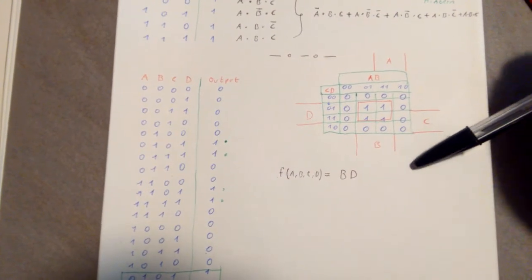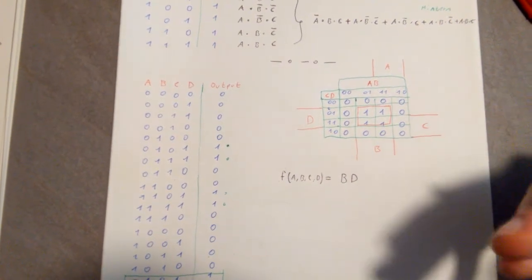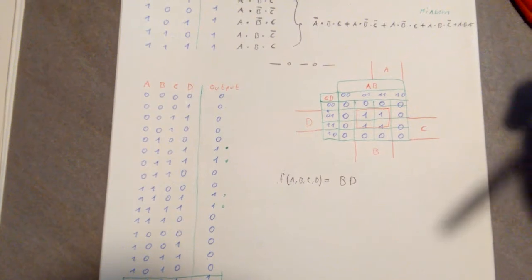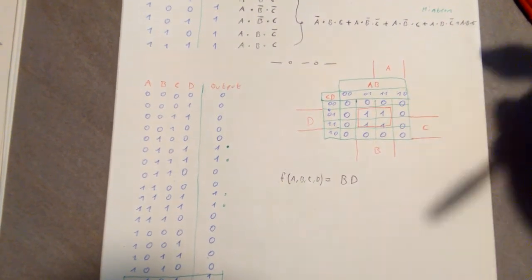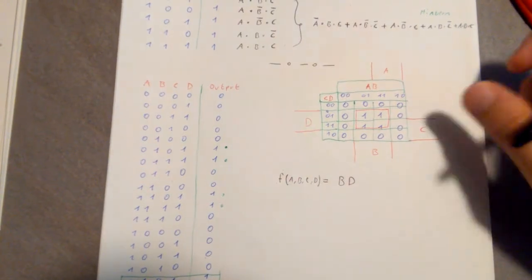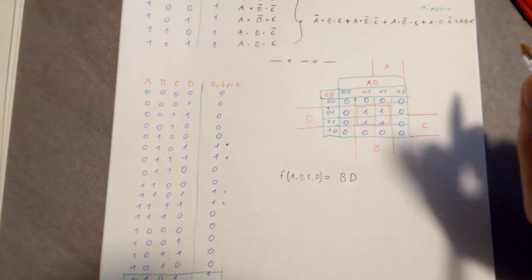As you can see, making a Karnaugh map is really useful, because it allows you to write down an expression way, way easier than looking at all those tables. So yeah, this is my expression.